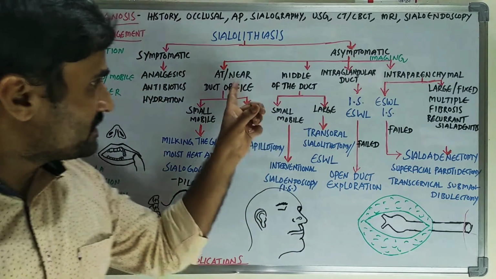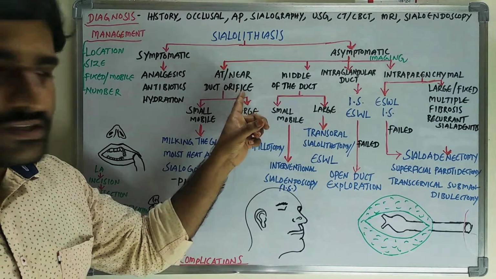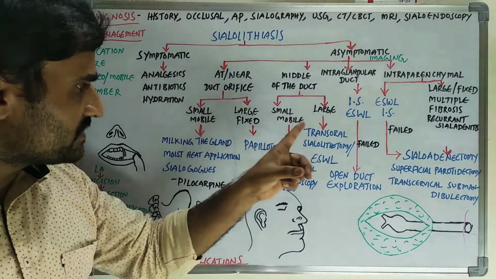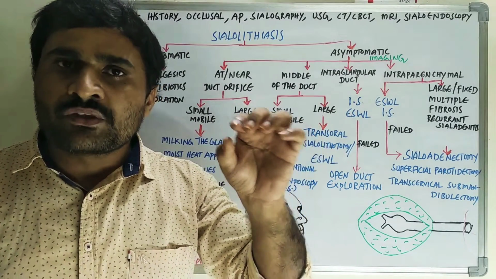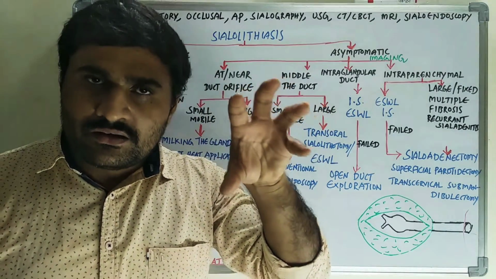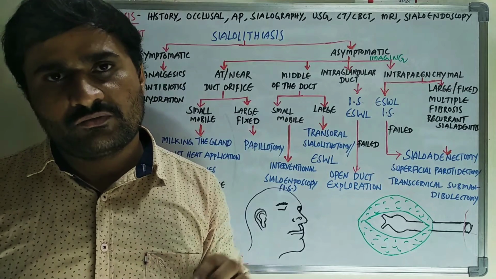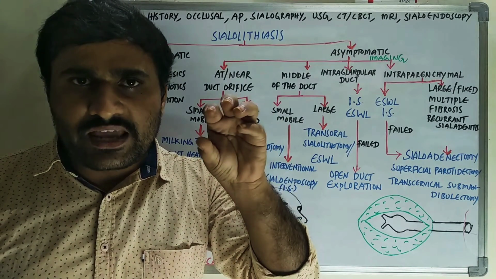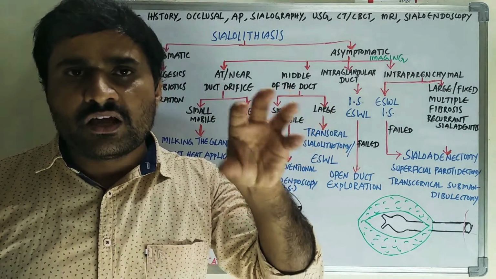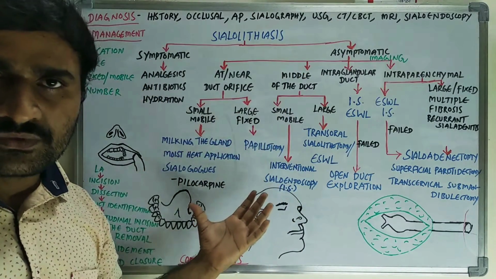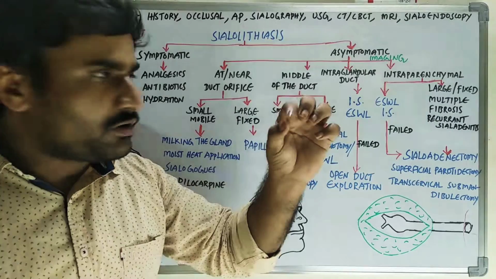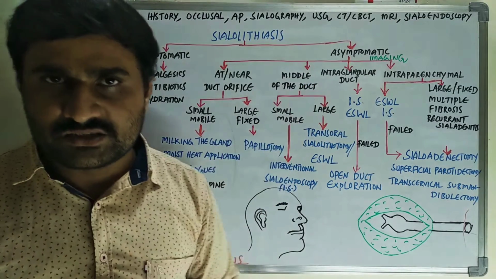At the orifice, if the calculus is large and fixed, you can go for papillotomy. Papillotomy is nothing but enlarging the ductal orifice. We make a small incision and enlarge the ductal orifice, and with that enlargement you can remove the stone. This is one variety. Now we will see calculi located at the middle of the duct.